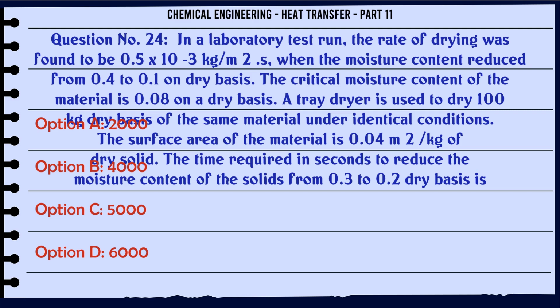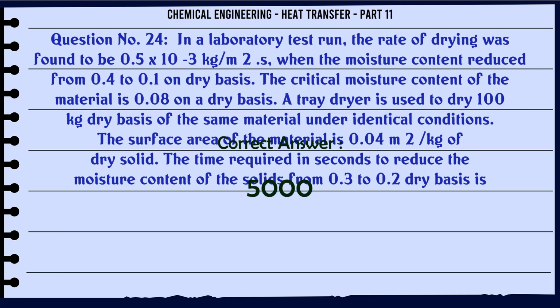The surface area of the material is 0.04 m² per kilogram of dry solid. The time required in seconds to reduce the moisture content of the solids from 0.3 to 0.2 dry basis is A. 2000, B. 4000, C. 5000, D. 6000. The correct answer is 5000.